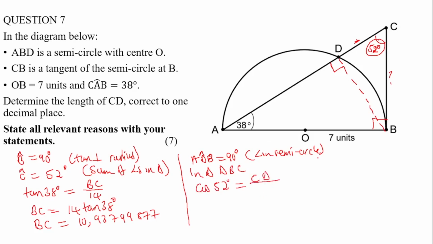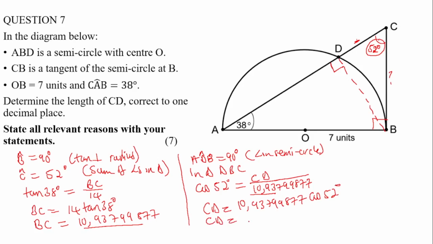We got our BC, which is 10.93799877, right? And then we multiply by this value on both sides of the equation. CD is equal to 10.93799877 cos 52 degrees, right? And then this will give us CD is equal to 6.7 units.